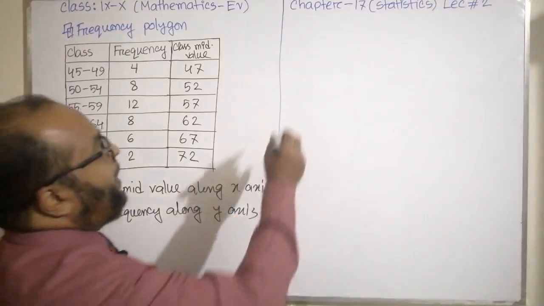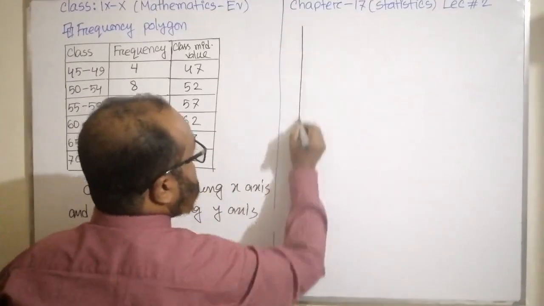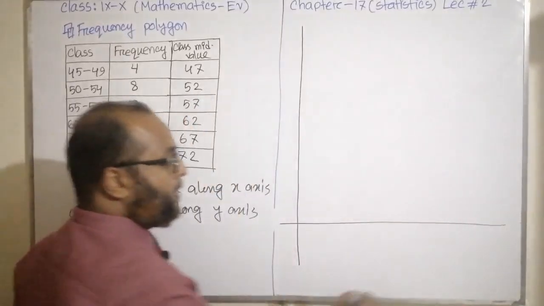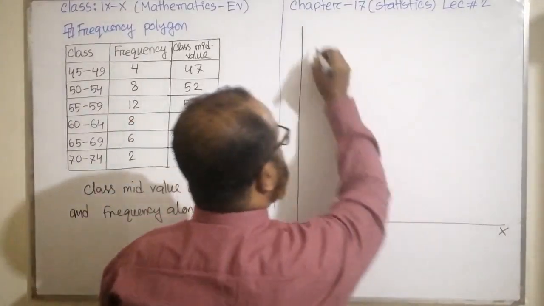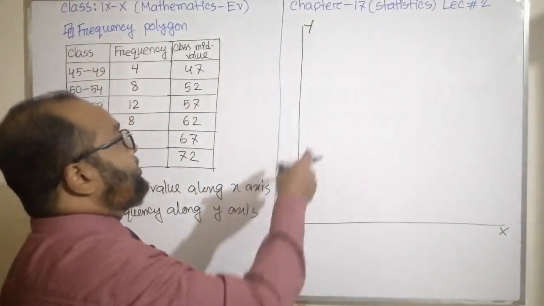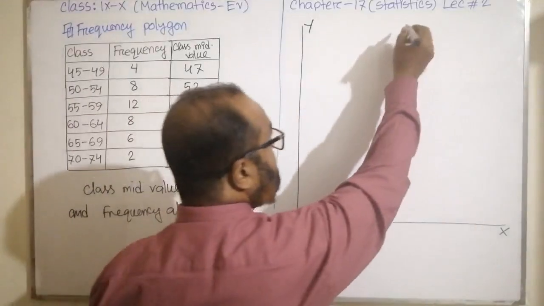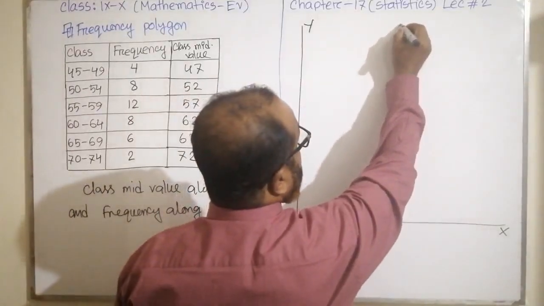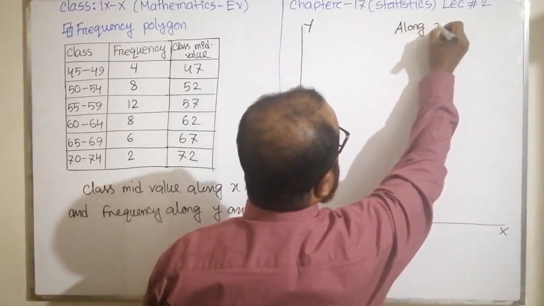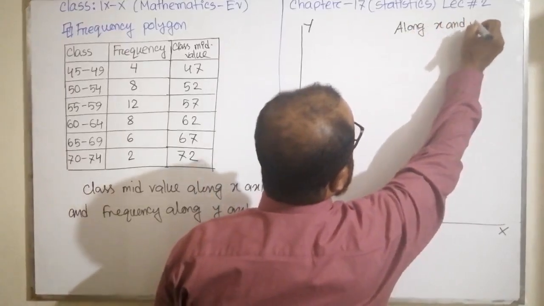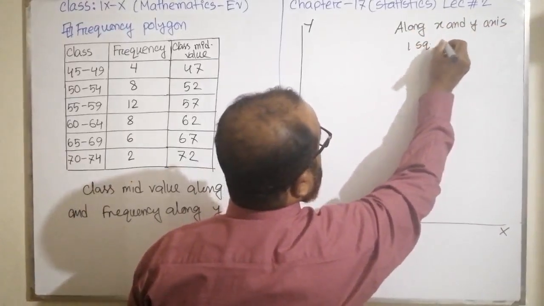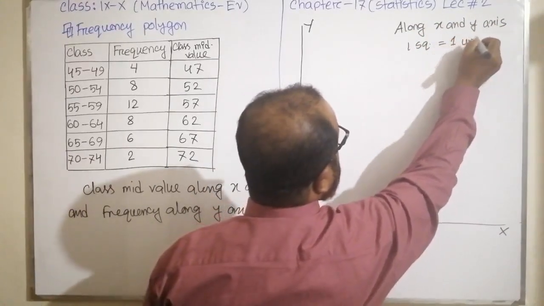Okay, let us consider this is our graph paper. This is the x-axis and this is the y-axis, and here I take one square along the x and y-axis, 1 square equal to 1 unit.